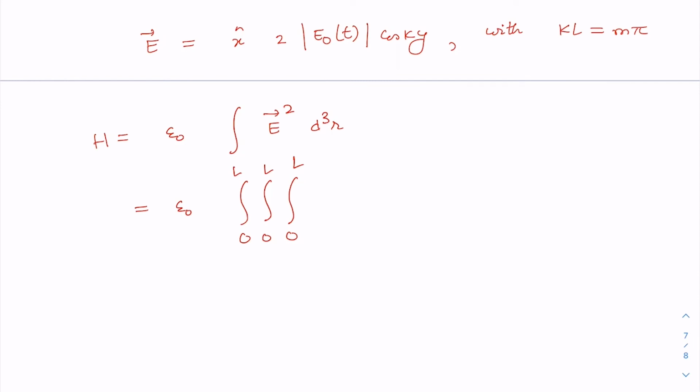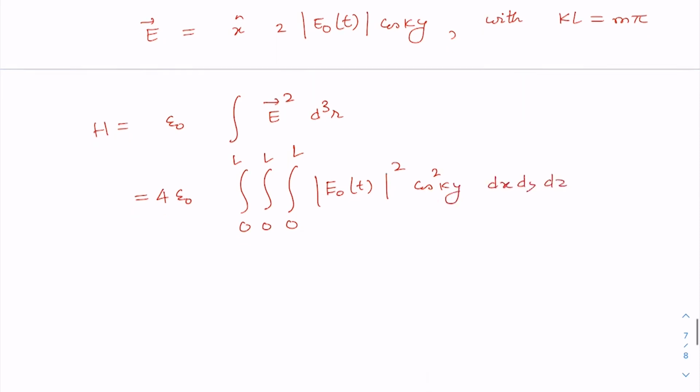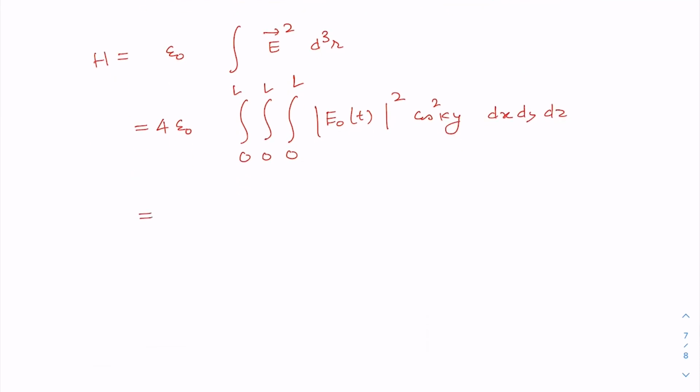Okay, this is e square, so I have 4 here, and then I have, okay, let me write here E0t mod square cos square ky, and I have dx dy dz, and it is very straightforward to work it out.